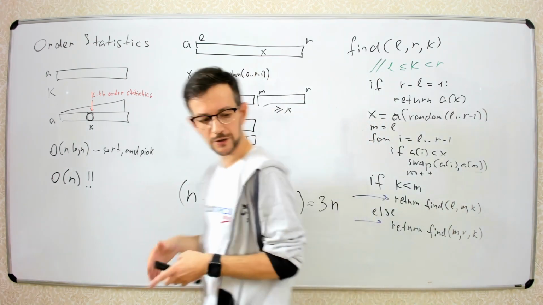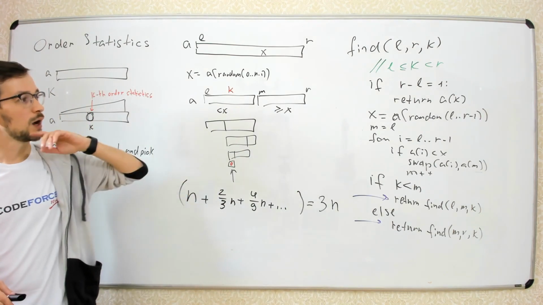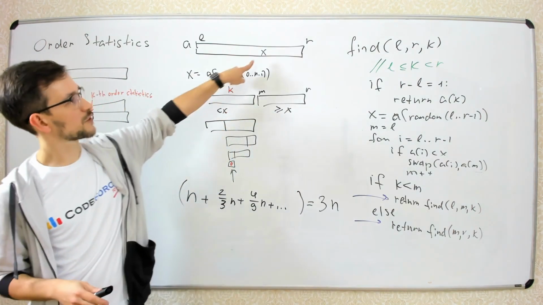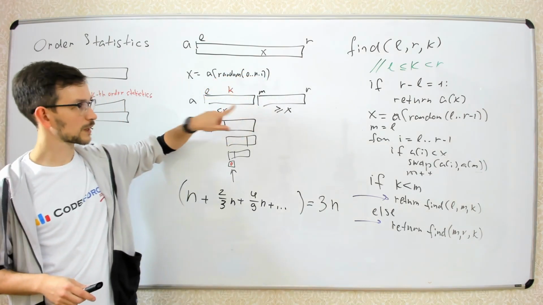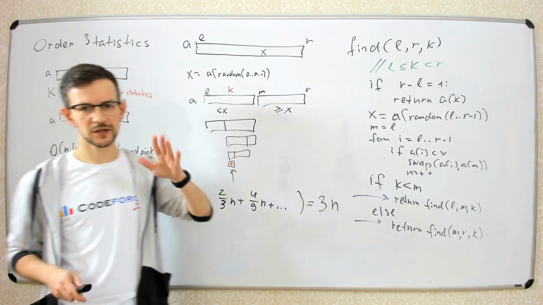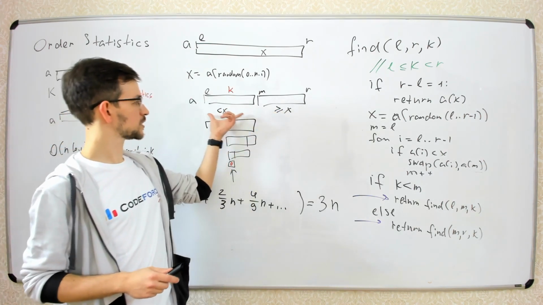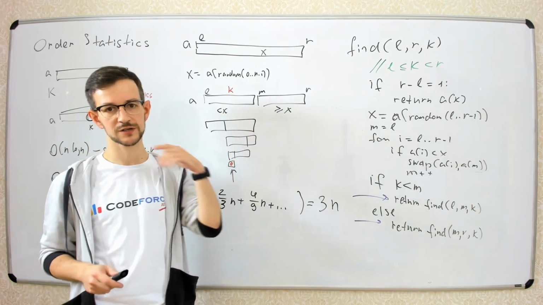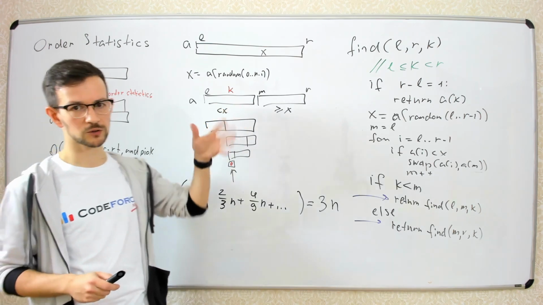They asked me to repeat this. Let's repeat this once again. So what happens here? We pick the random element and split the array into two parts. And with probability about 1/3, we will split the array into parts in such a way that both parts will have size at most 2/3 of n. So the probability of this is about 1/3.